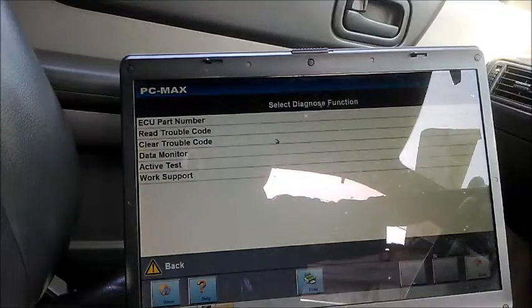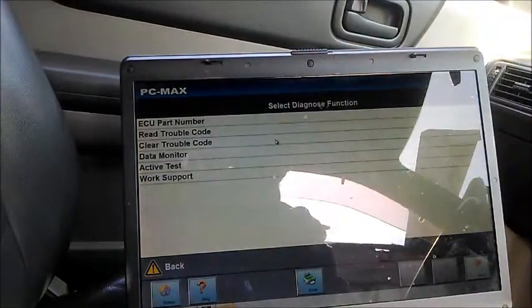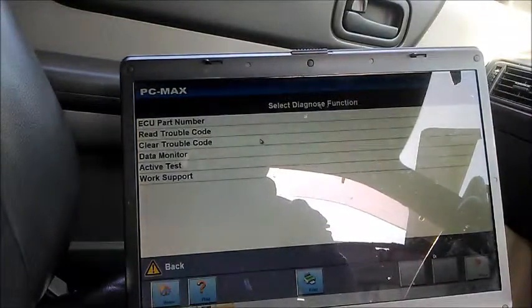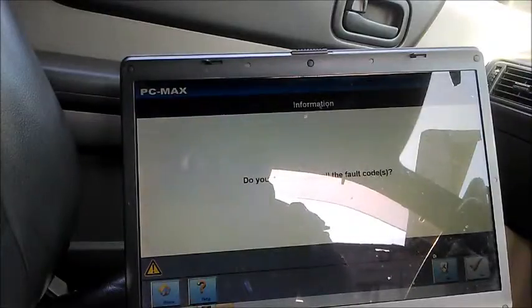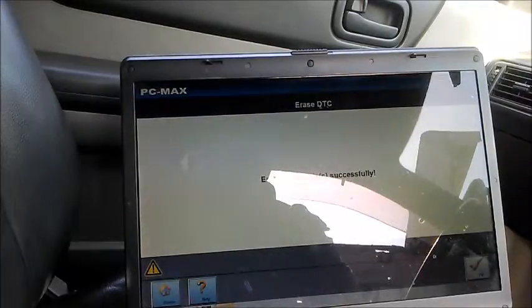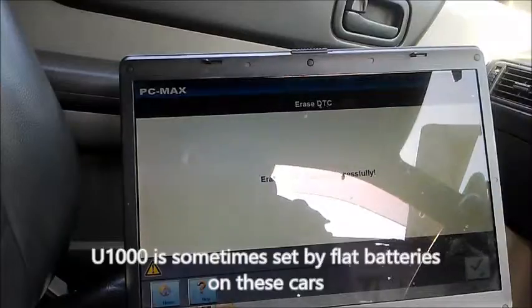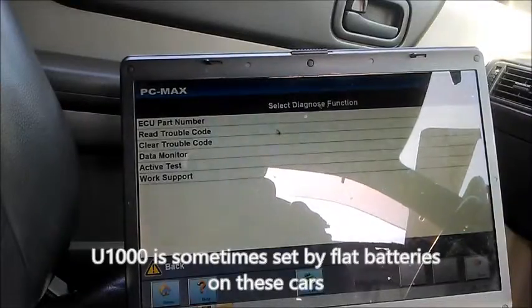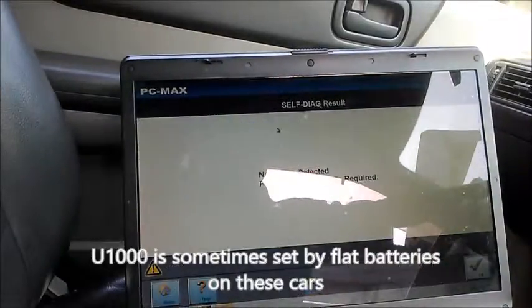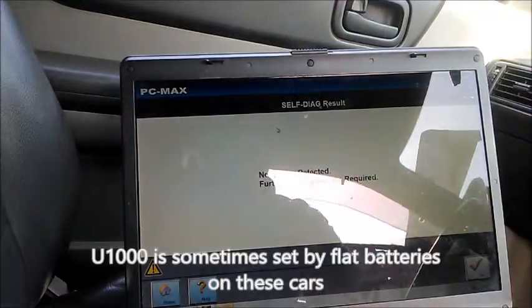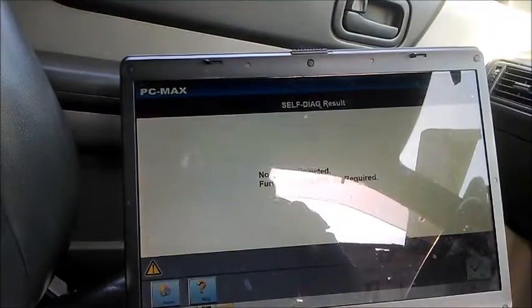I'm not sure the other U1000 DTC will come back. If it does, that could lead to a different diagnostic path. Right now it's saying there is no DTC detected.